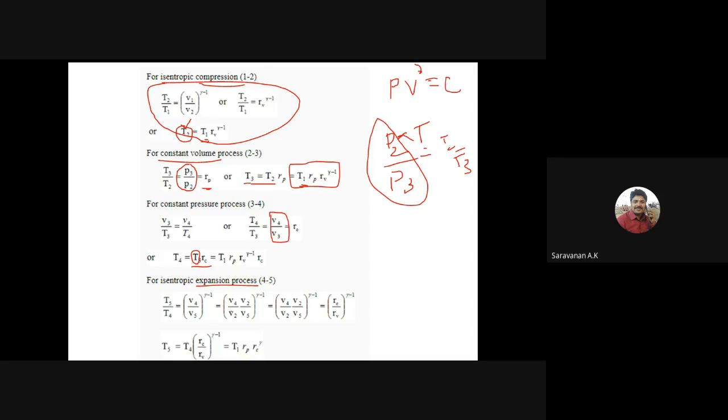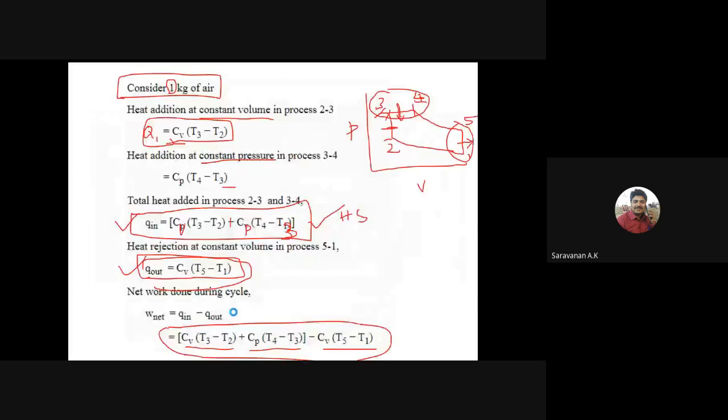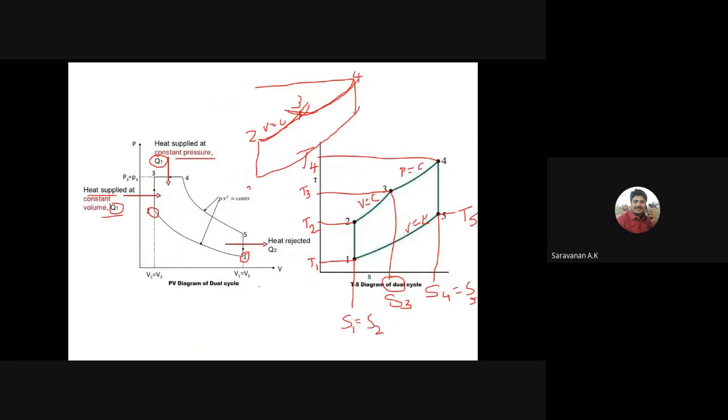Here we can multiply and divide by the volume V2. Its value will not change. So what is V4 by V2 in this diagram? V4 by V2 is called the cutoff ratio.